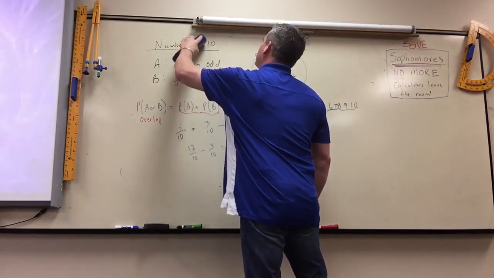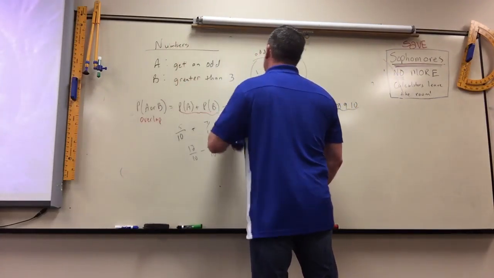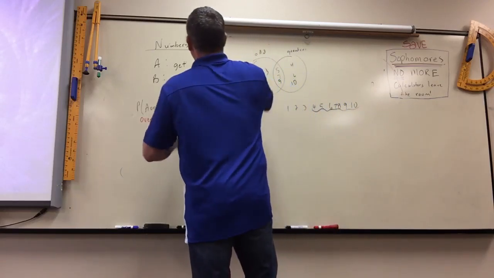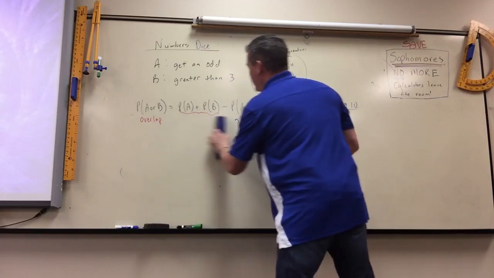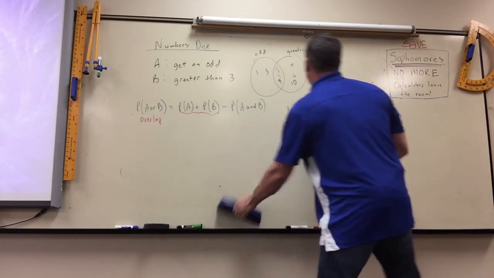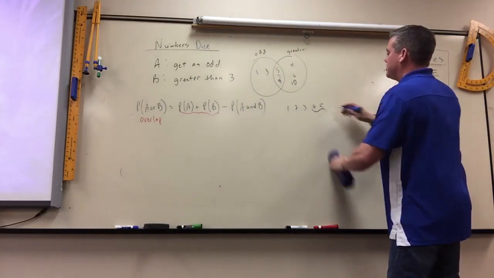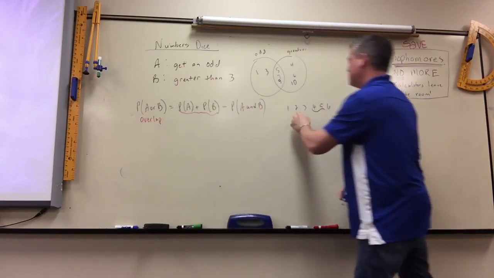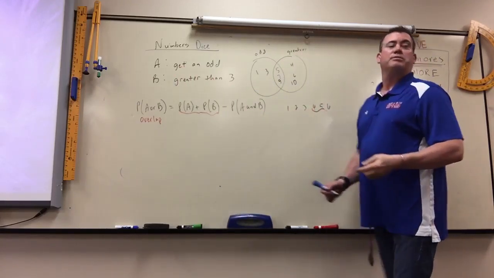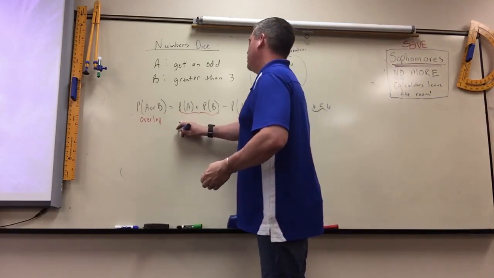So if we change this for just a dice, if you roll the dice, then that changes the probability a little bit. Now you can only get 1 through 6. So what's the probability that you get an odd? 3/6.